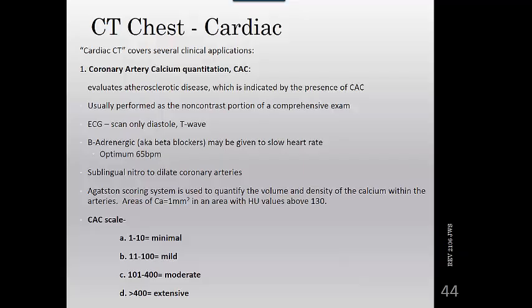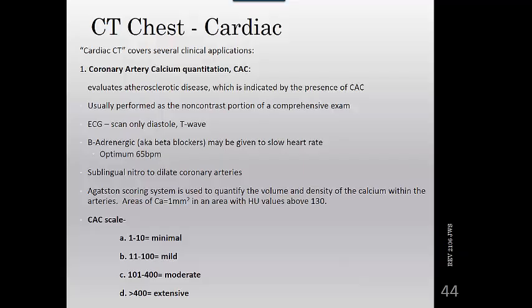So the system you use to quantify the volume and the density of the calcium, which is what you're looking for in the CAC scan, is called the Agatston scoring system. I'll go ahead and define that. That's on your slide here. The Agatston scoring system is used to quantify the volume and the density of the calcium within the arteries. The areas of calcium equal 1 millimeter squared in an area with Hounsfield units above 130.